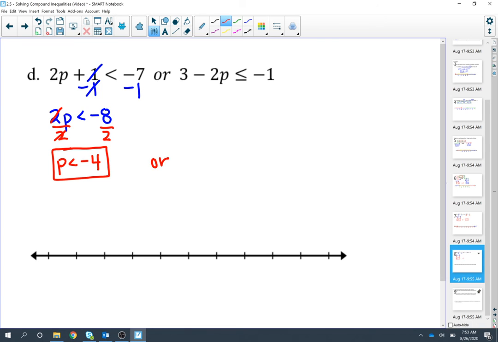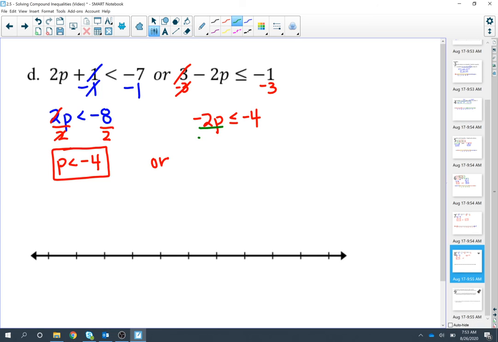Or, this time, I have a negative 2p. I'm trying to get rid of a positive 3. The opposite of positive 3 is minus 3. Now, the 3 goes away, but this is still a negative 2p. So, negative 2p is less than or equal to negative 4.